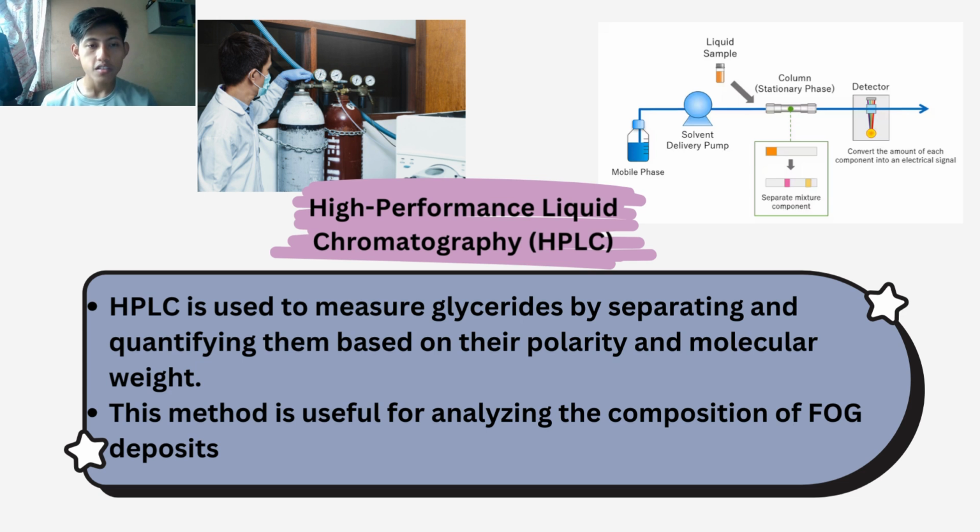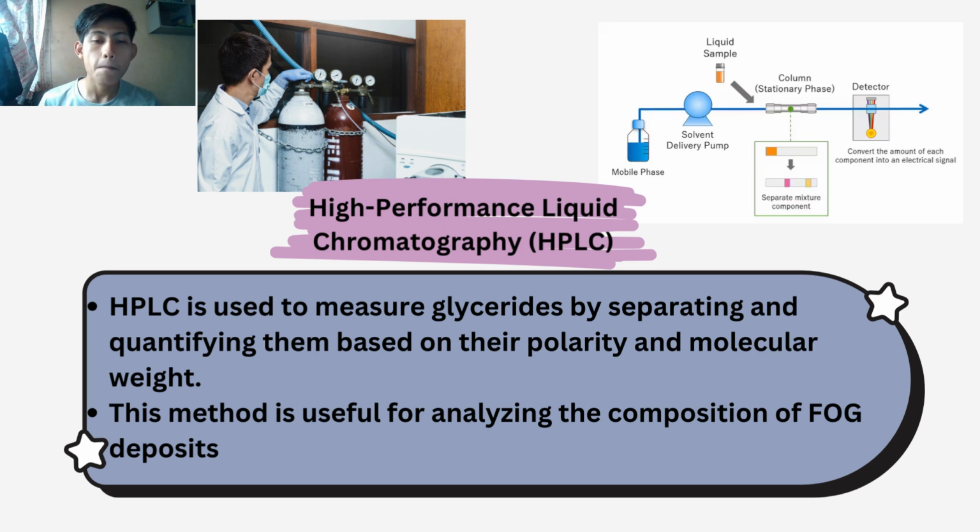Next I will continue to explain about the HPLC. HPLC is high performance liquid chromatography. It is also utilized for measuring glycerides by separating and quantifying them based on their polarity and molecular weight.